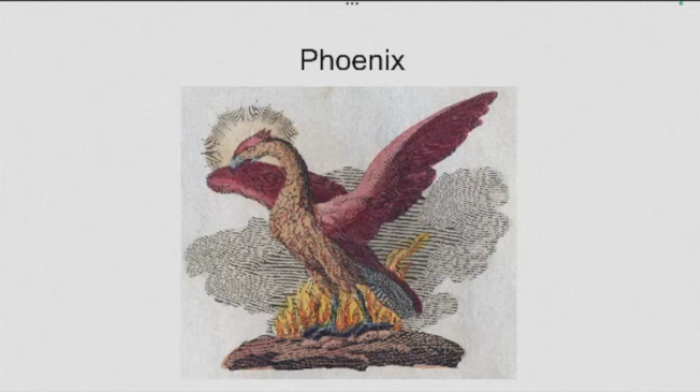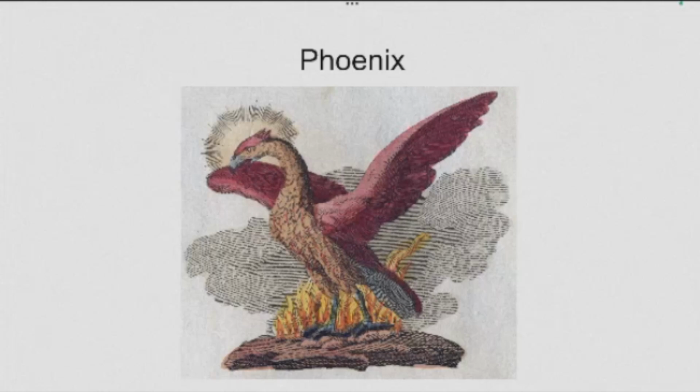The symbol is very obvious. The symbol is that of renewal, rebirth. It may be the renewal and rebirth of the cosmos, or the rebirth or reincarnation of the human, of the man. So the phoenix symbolizes such an idea.